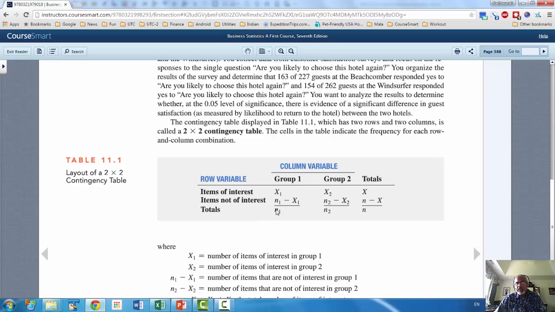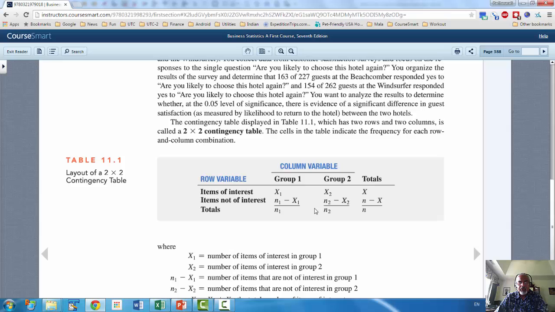So n sub 1 times p bar will be the expected frequency here, and n sub 1 times 1 minus p bar will give you the expected frequency here, and you do the same thing with n sub 2. So this is your f sub o, the observed frequencies, and then you compute the expected frequencies in that fashion. Then we can compute the chi-squared value.